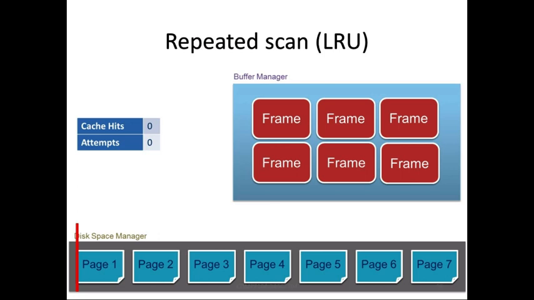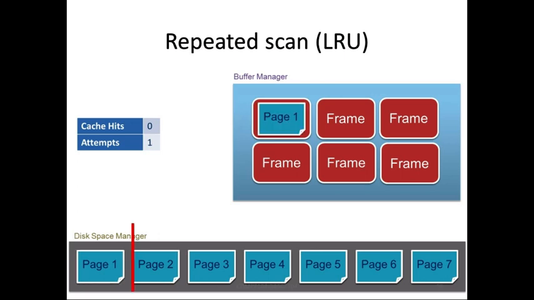So let's see what happens following, of course, the least recently used policy, but a similar phenomenon will be observed with the clock policy. And we'll keep count of the requests on one hand and of the cache hits, so attempts or requests and cache hits. And of course, the misses will be the difference between the number of attempts and the number of hits.